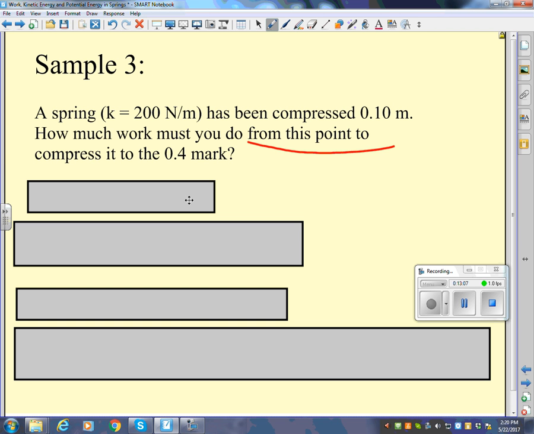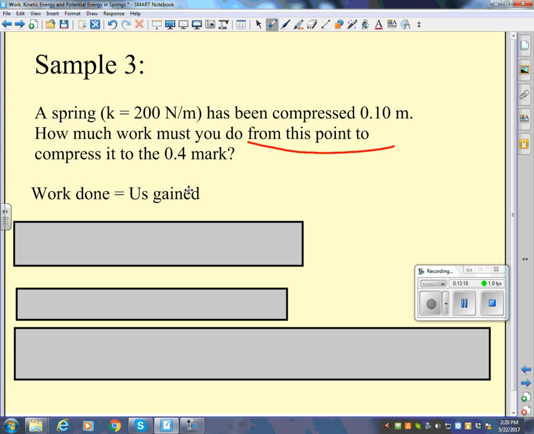Now your first instinct might be to subtract and get that 0.3 and then go with that. Let's just see what happens here. Okay. Now, this is a key idea right from day one, that work is done when energy is transferred, and so in this case, the amount of work done is the potential spring energy gain.